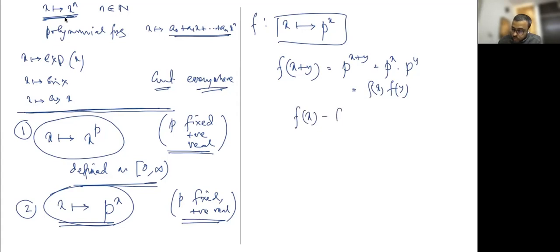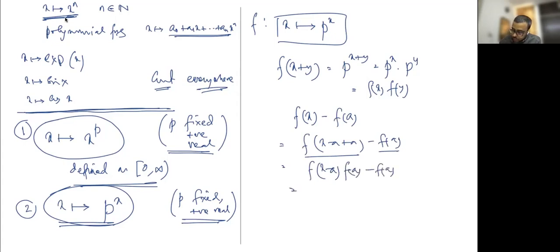So when you are trying to prove, let's say, okay, now trying to look at this quantity, you can write it as f x minus a plus a minus fa. This should give you f x minus a fa minus fa, which is f x minus a minus 1 fa.